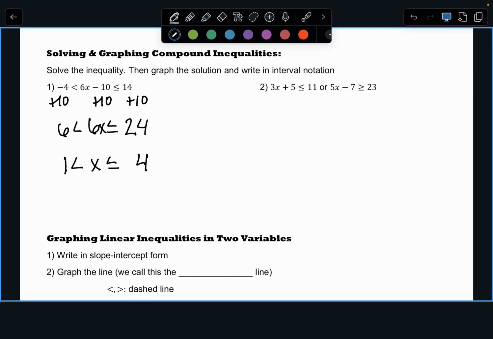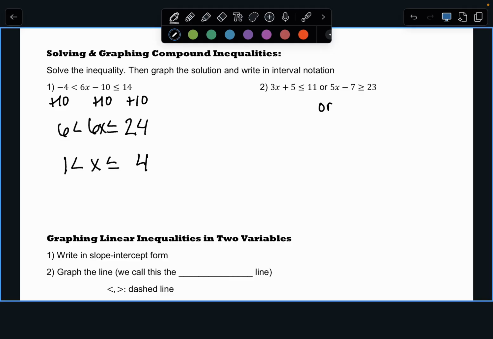So do the left inequality and then do the right inequality. Number 19 is what I want you to do that on. And you won't be given any of those on the test. Anything that I give you, you can just do all in one go. But for our practice, I have a pretty hard one, and you'll have to split them up. Okay? Try number 2 on your own.